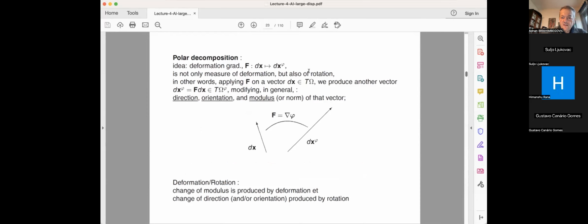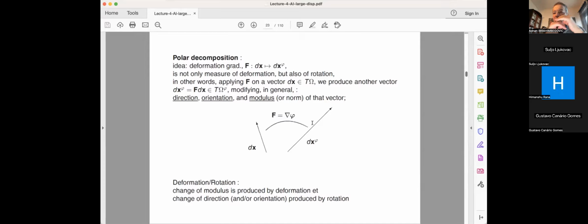Here's a picture, not to be infinitesimal, so you can see it more easily. So this is dX, and then you apply F to produce dx phi. You can say that the vector is characterized by its direction, its orientation, the little arrow that you put, and then its modulus. So multiplying dX by F, you change all of these: direction, orientation, modulus.